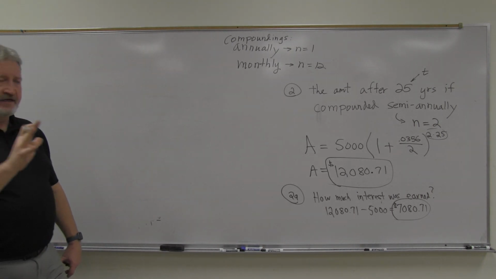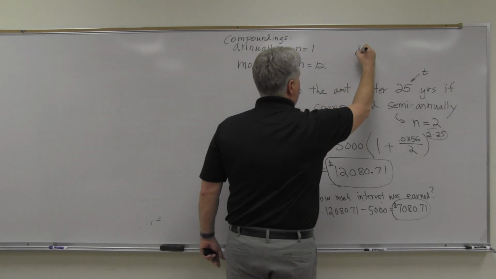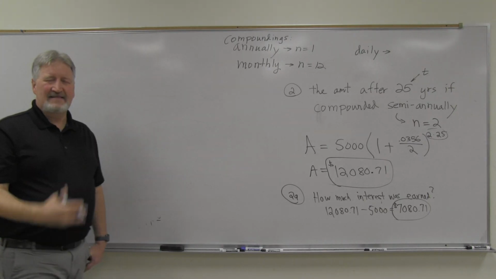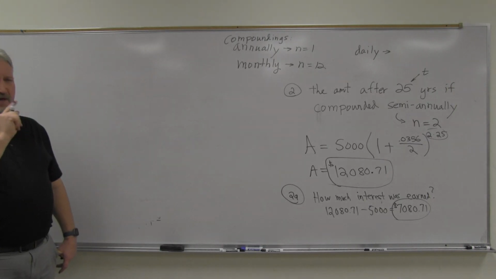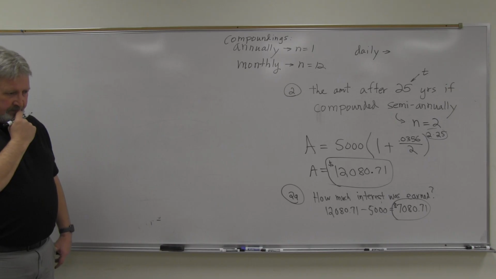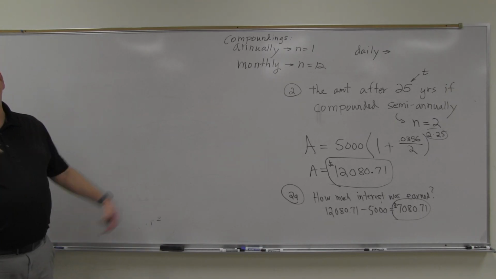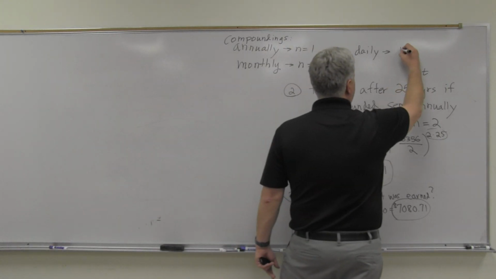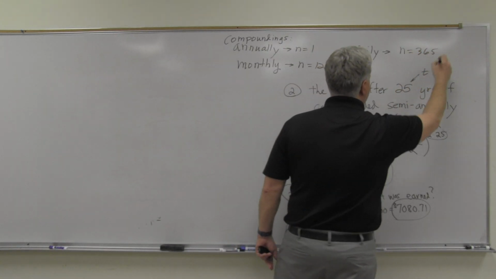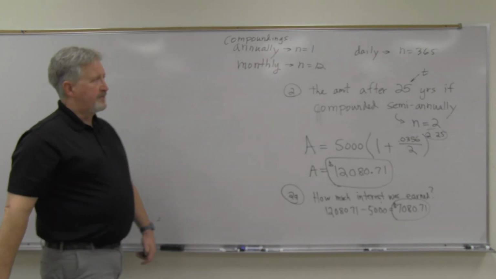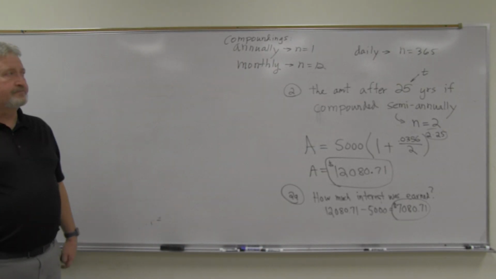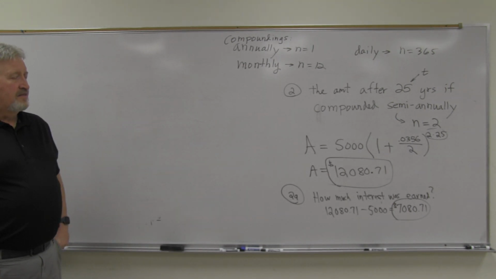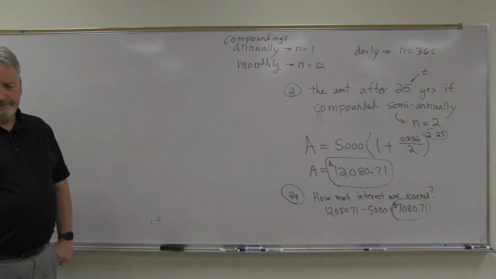One other I'm thinking of real quick is daily. I've seen it different ways, but in this chapter we're going to go with the non-leap year, n equals 365. I think I've got a problem coming up using that, but I believe those are the values of n you might encounter in that formula.